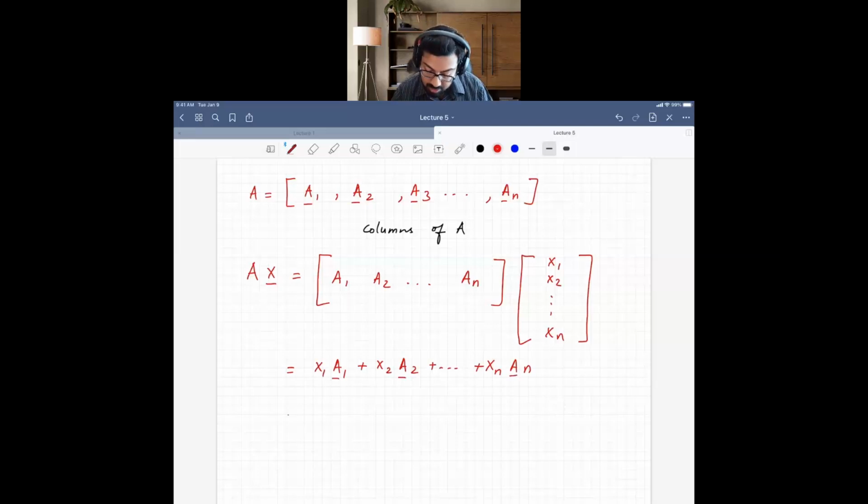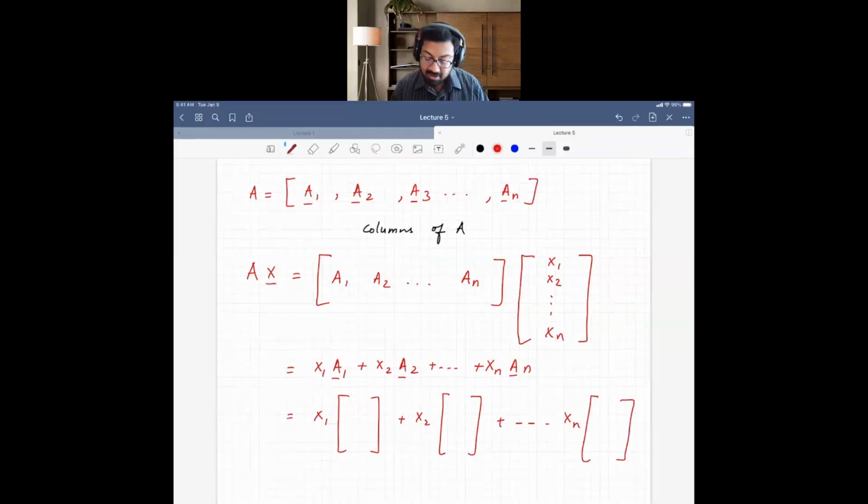Now you can rearrange this, and you can say X1 times what plus X2 times what. Each of these vectors, there are going to be n vectors, right? So over here you have A1, A2, so on up to AN. But how many entries is each vector going to have?